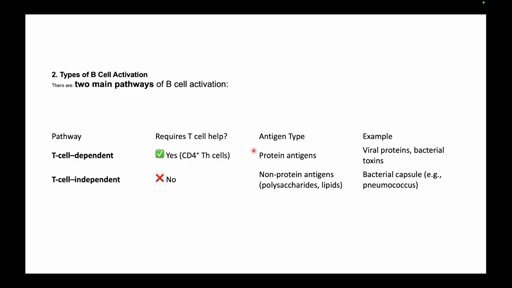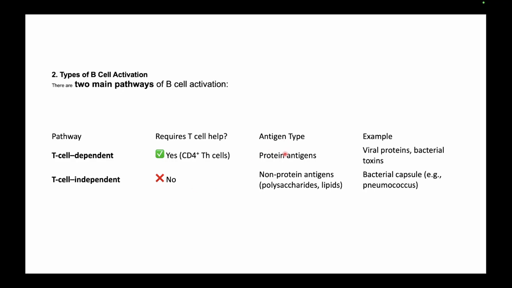Now I'll talk about B cell activation. B cell activation is either T cell dependent or T cell independent. T cell dependent means it requires T cell help, and the T cell independent one does not require T cell help.